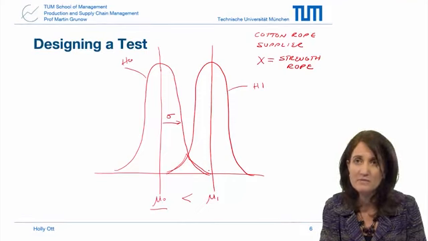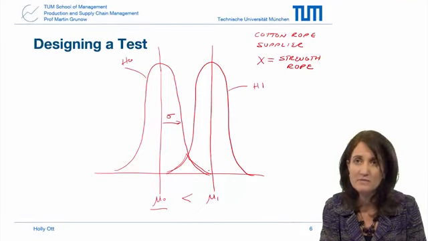Let me look at this again now. So let's look at the hypothesis test for this example concerning the mean of a normal population when the standard deviation is known. So how do we do this? We first set up our test as follows. The null hypothesis H0, we set mean equal to mu0.